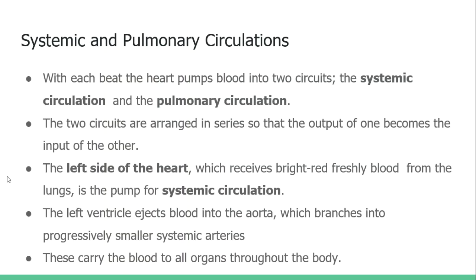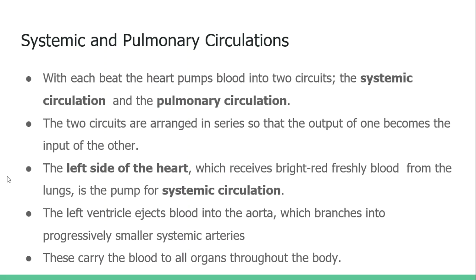Systemic and pulmonary circulations. With each beat, the heart pumps blood in two circuits, the systemic circulation and the pulmonary circulation. The two circuits are arranged in a series so that the output of one becomes the input of the other.